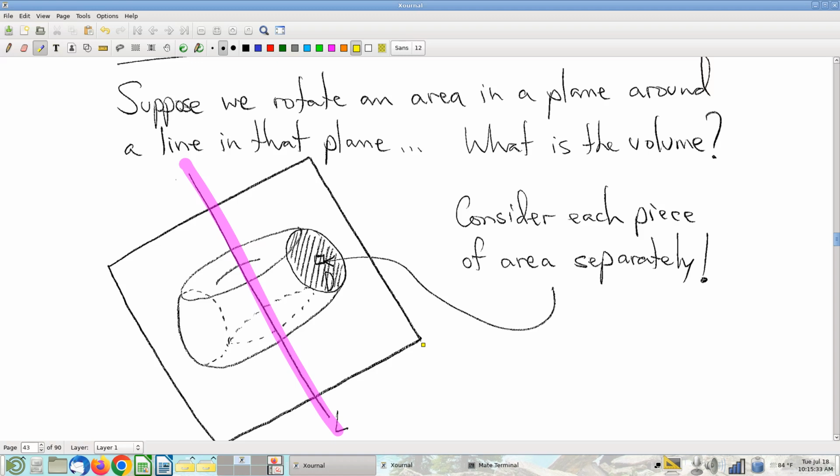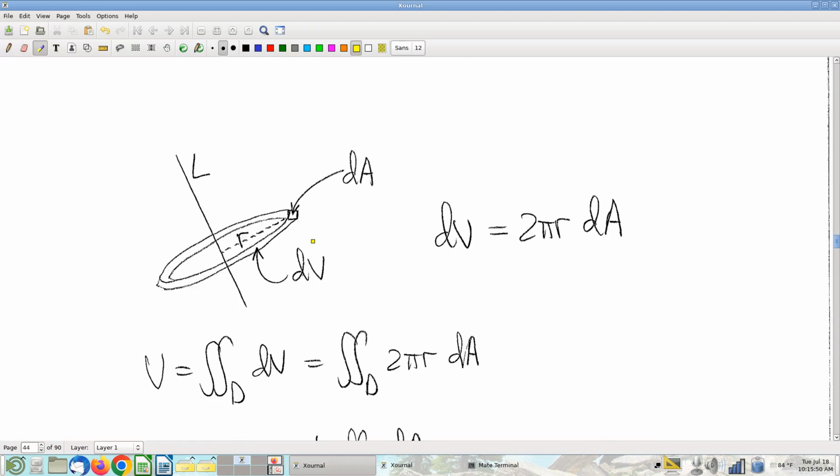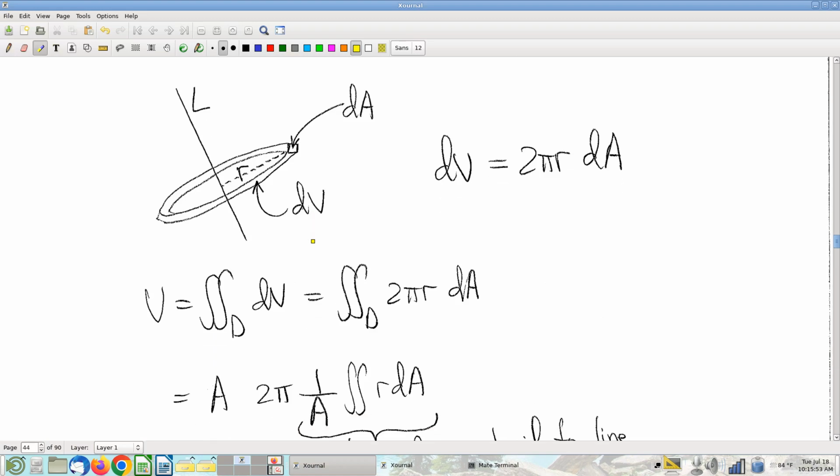But in practice, day in and day out, these lines tend to be either the x-axis or the y-axis, or a line parallel to either the x or the y-axis. In which case, everything's going to work out very nicely. Okay. All right. So that said, here is the argument I want to make.